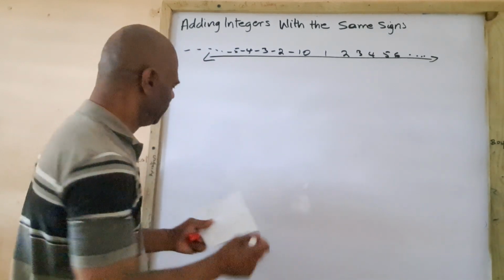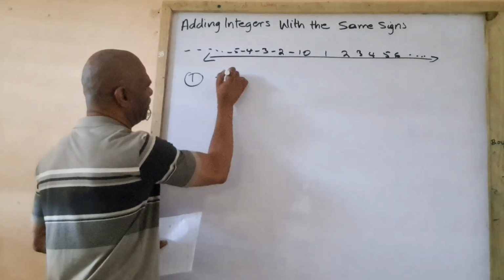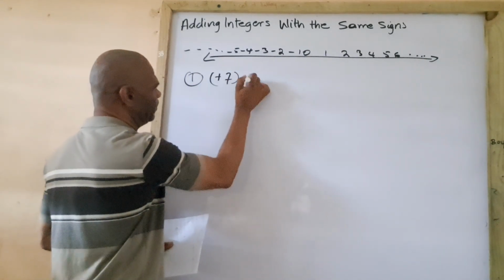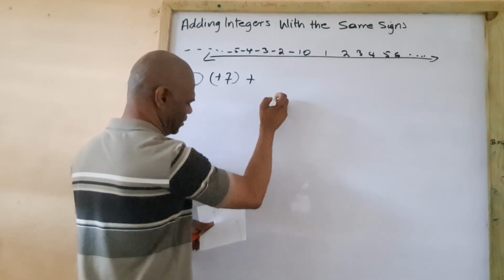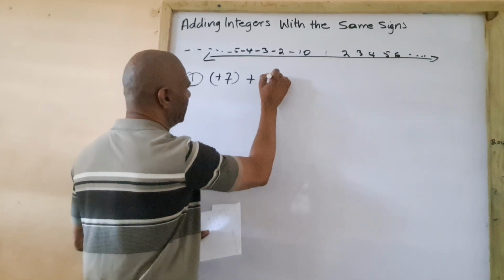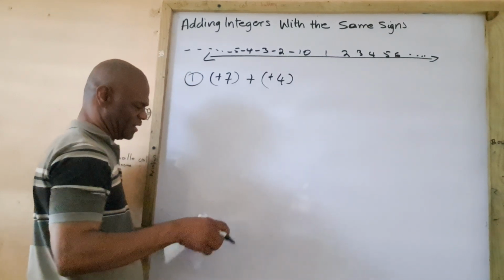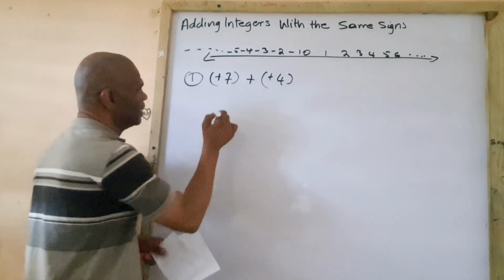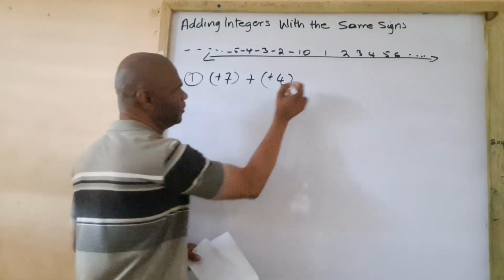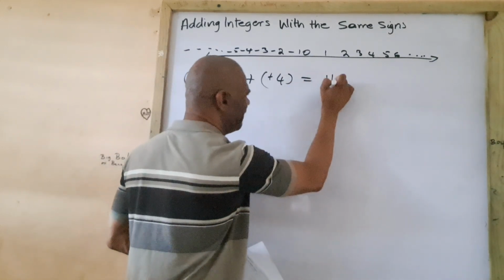Alright, so if we have, let's look at this one, positive 7 plus positive 4. Right? Positive 7 plus positive 4, that gives us 7 plus 4 is 11.